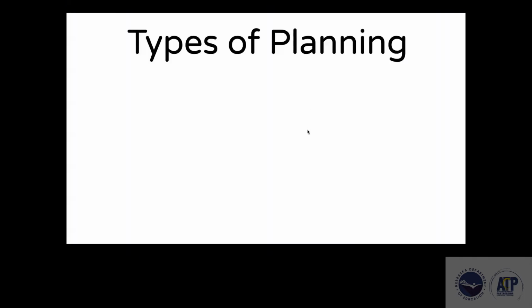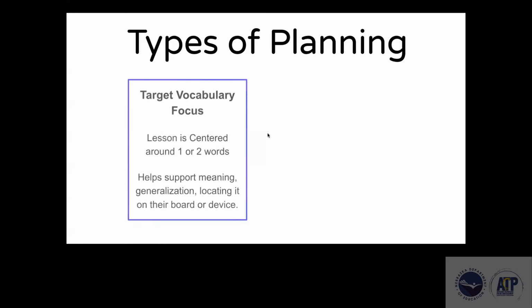So as I just mentioned, there are a couple different types of planning when you want to make sure that you're targeting core vocabulary in your lesson planning. And one is the target vocabulary approach. This is where the focus is on one or two words. So the entire lesson is really centered around those specific words.